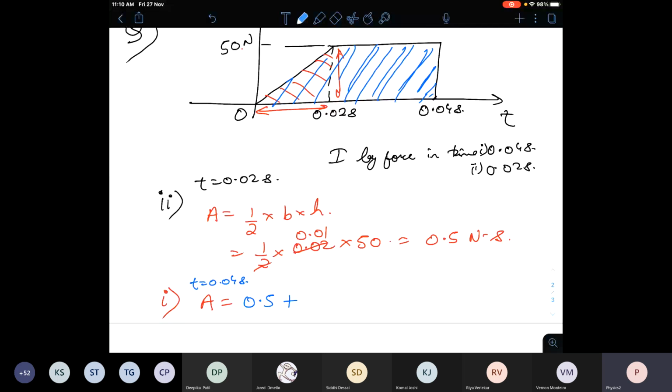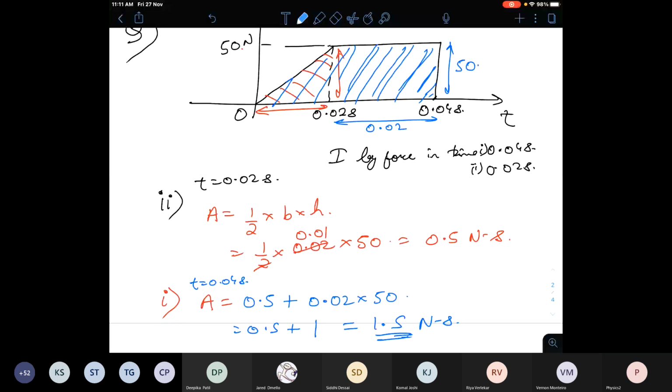Area of the rectangle is length 0.02, you can see, into breadth, that is 50. So 0.02 into 50 is 1, and 1 plus 0.5 is 1.5 Newton seconds.